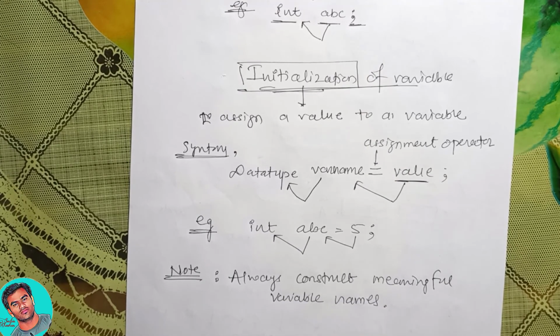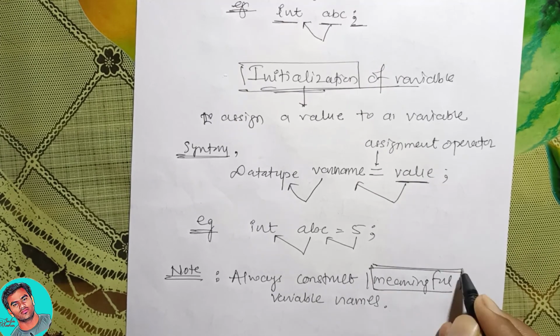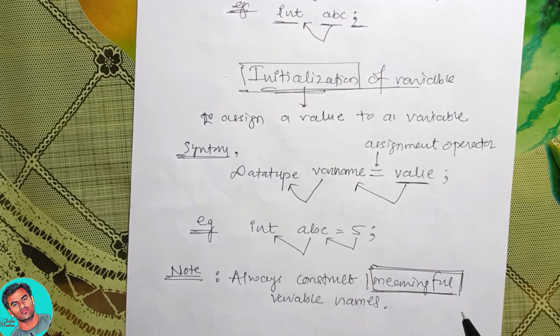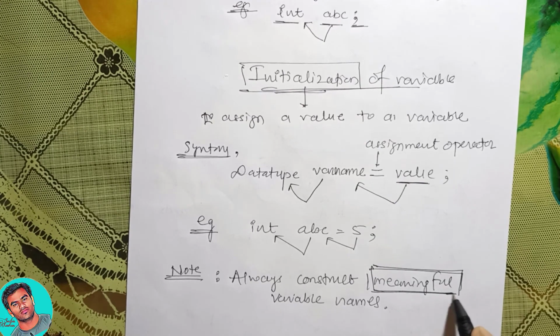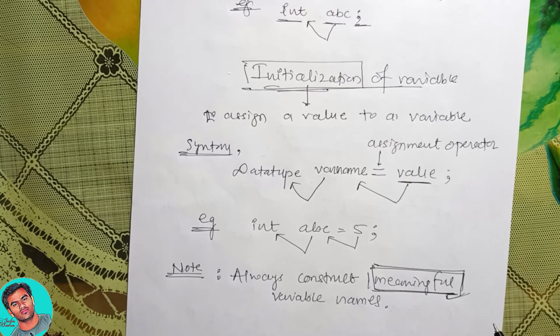This is very much important, because you are not the only programmer on a project; there are multiple programmers. In your absence, if a certain person needs to read your program, he has to understand the program well. That's why you need to use meaningful variable names. That is very much important.